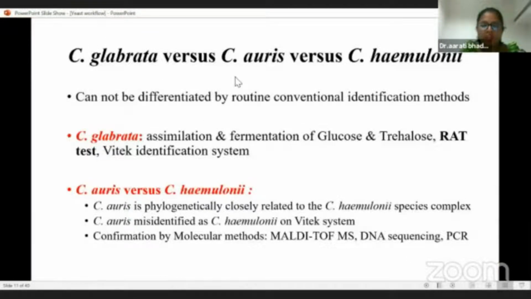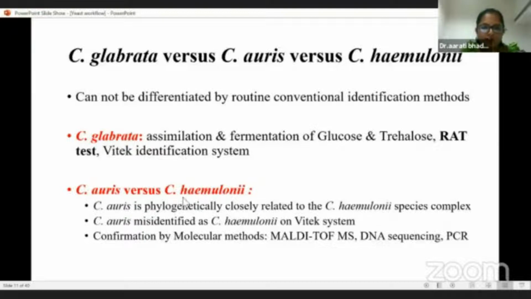Whenever any species comes which gives only budding yeast cells on cornmeal agar, no pseudohyphae, then we have to label the species as Candida glabrata versus auris versus haemulonii. It cannot be differentiated by routine conventional methods. Candida glabrata at least we can exclude by the rapid assimilation of trehalose test. It is positive only for Candida glabrata, and by the Vitek identification system also we can label it as glabrata.